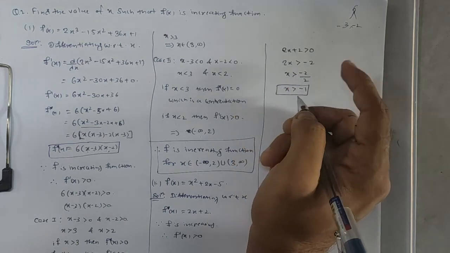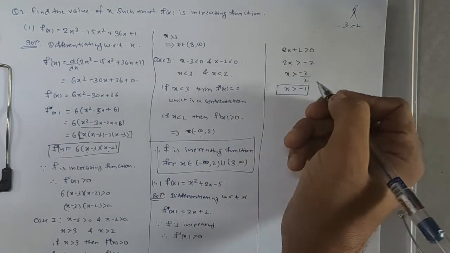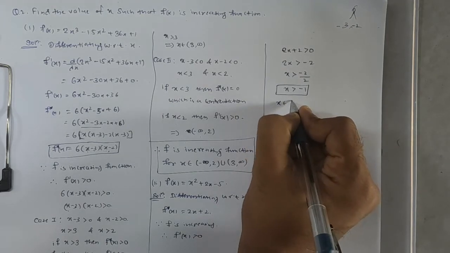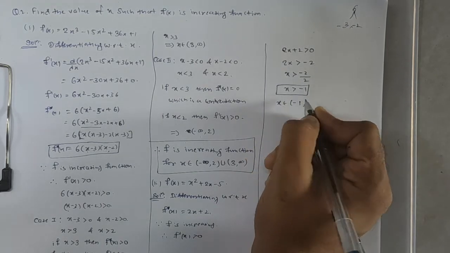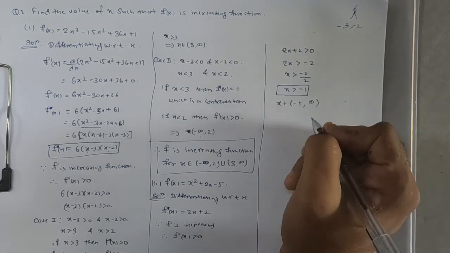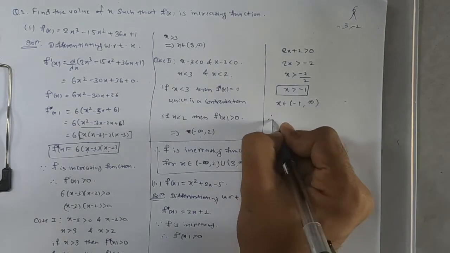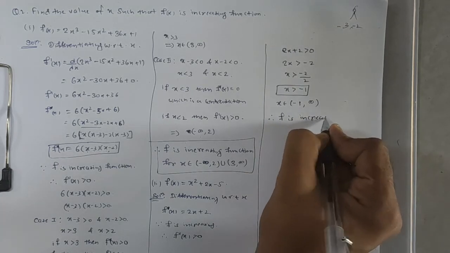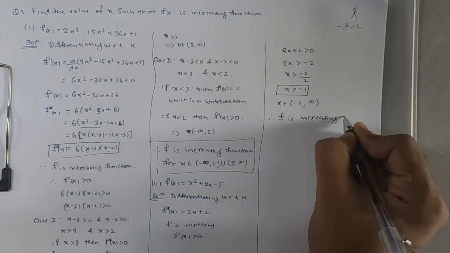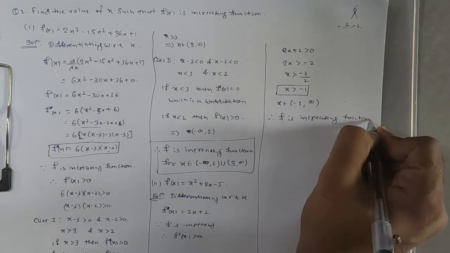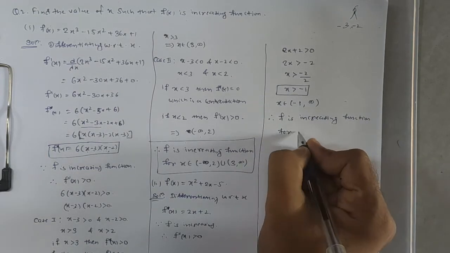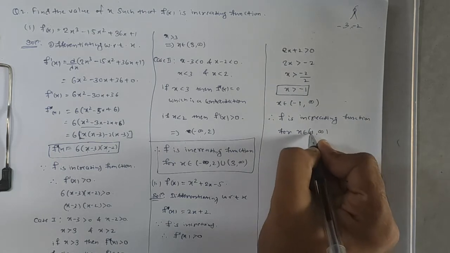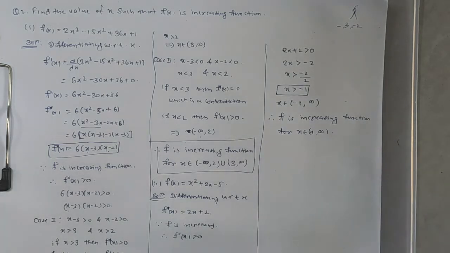Now here there is only one condition, x is greater than minus 1. So x belongs to, the lower boundary is minus 1 and the higher boundary is not known, so we will take infinity. Therefore f is an increasing function for x belongs to (minus 1, infinity), for this value only.